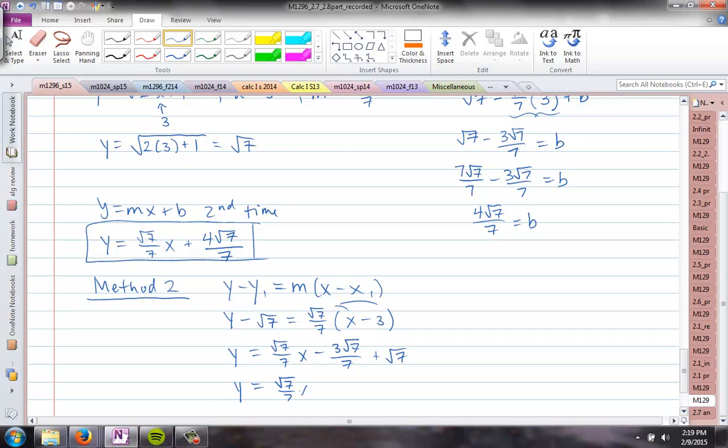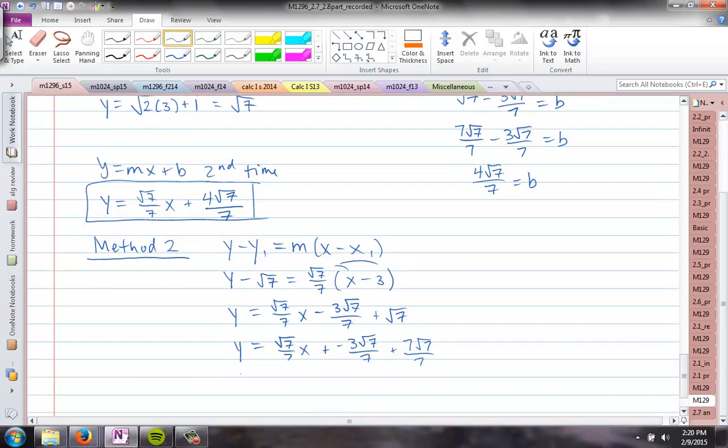So combine these like terms with a common denominator like we did in that other example. Kind of cheating with my other method there. So here's the square root of 7, or 7 times the square root of 7 over 7. So now we finally get square root of 7 over 7 x plus 4 square root of 7 over 7.